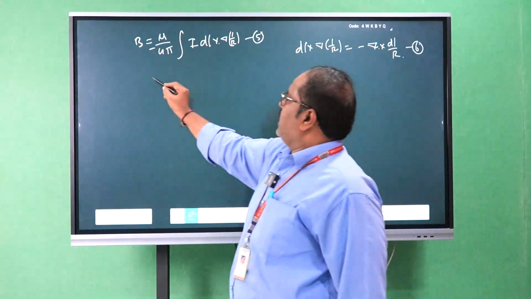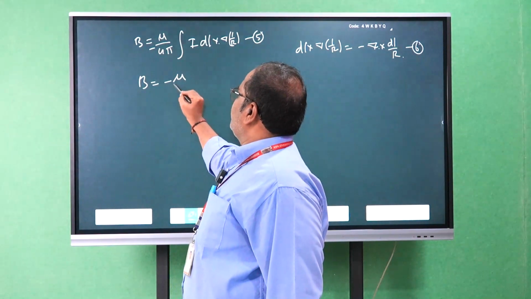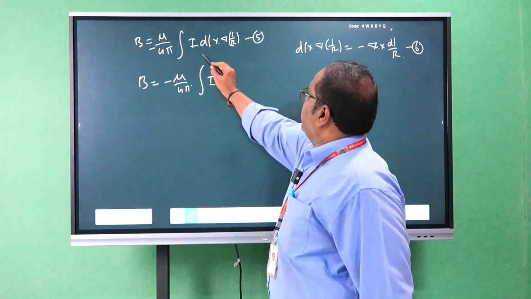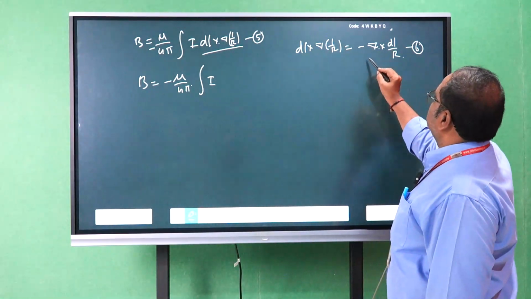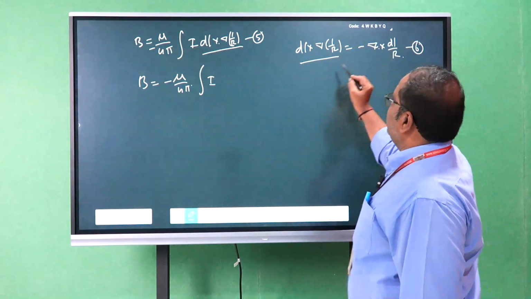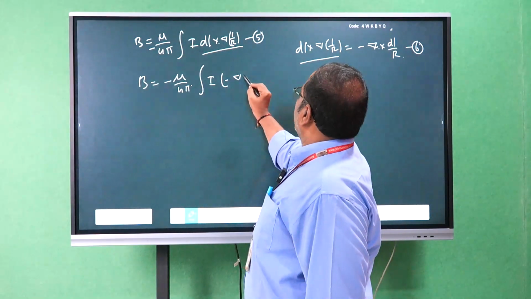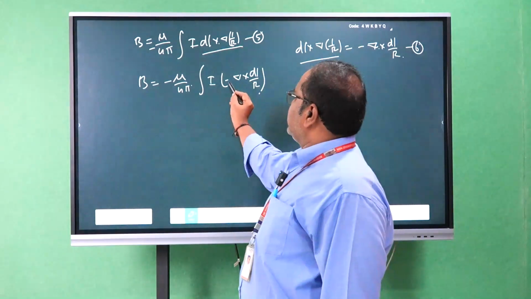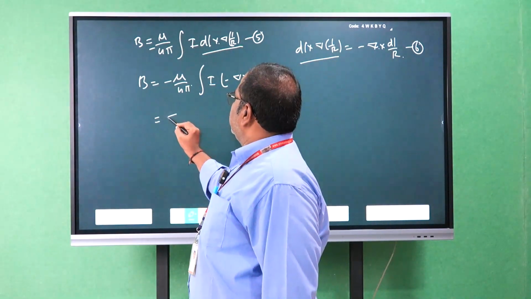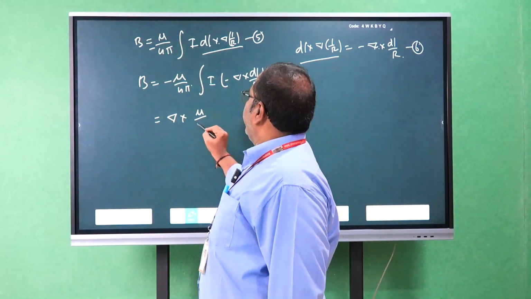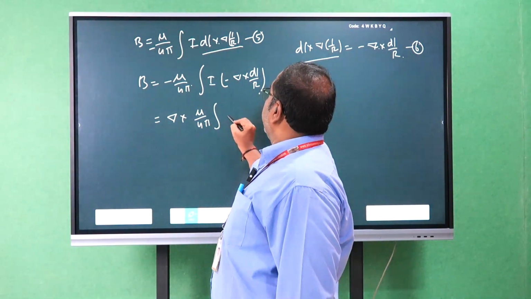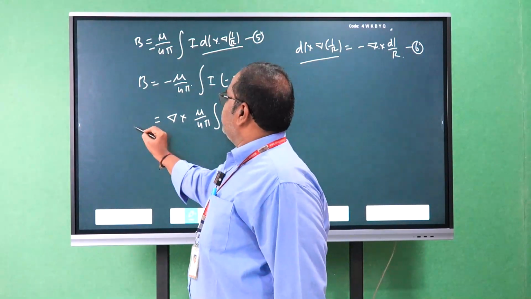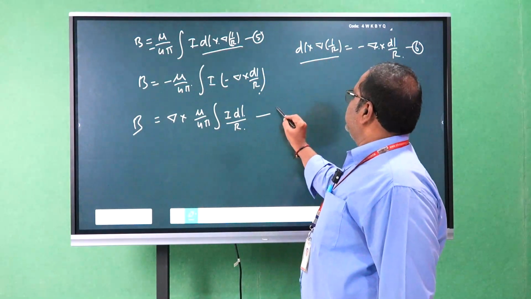Substituting, B is equal to minus mu by 4 pi integral of I times minus del cross (dl by r). Minus of minus is plus. Therefore, del cross mu by 4 pi integral of I dl by r is nothing but B. Equation number 7.